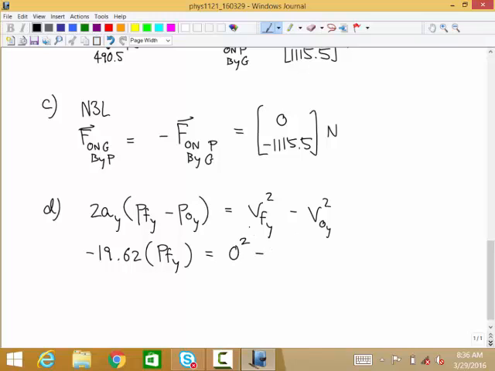And right as the person leaves the floor, right when the free fall starts, we know that that initial velocity is 2.5.